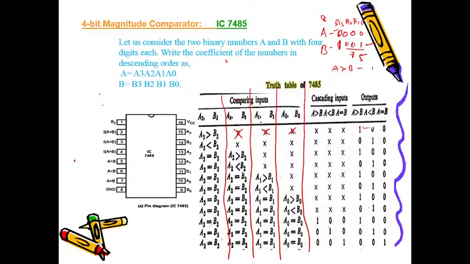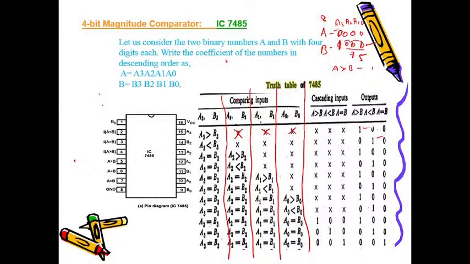Even if the other three bits take any of the 7 possible combinations, if B3 is high, B is greater. So ignoring the analysis of the remaining 3 bits, just from the MSB bit, I will decide whether A is greater or lesser and produce the respective outputs.